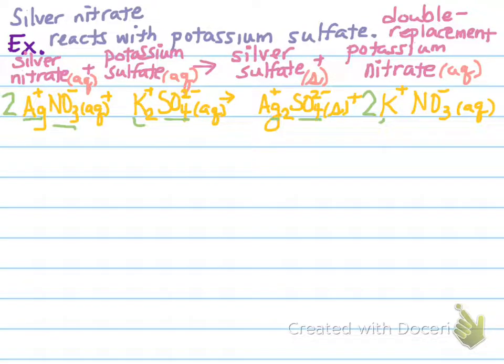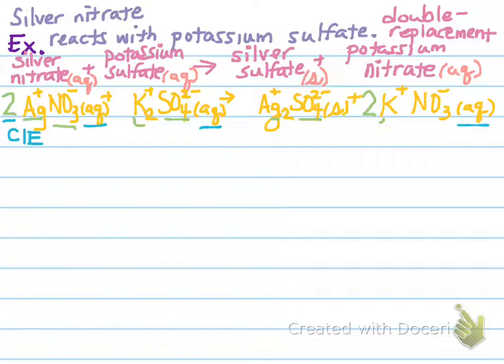So now that I have balanced it, I'm ready to do my complete ionic equation. Remember, anything that is in the aqueous state of matter is going to get broken up into its ions. Now notice we have some coefficients this time that we didn't have before. Our coefficients mean there's 2 silver nitrates, which means when I break this up into ions, I'm going to have 2 silver ions and 2 nitrate ions.